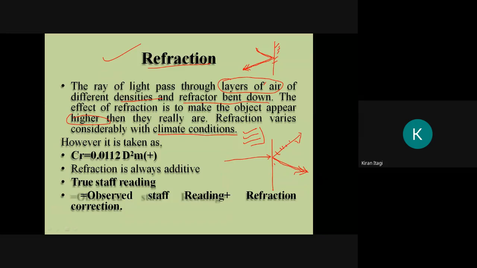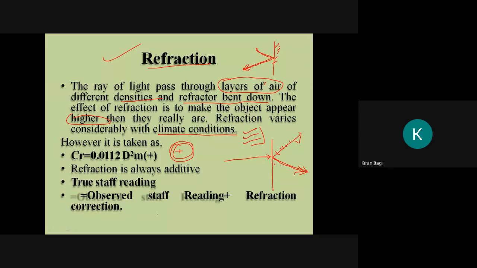So how is it corrected? It is always additive. The correction for refraction is CR equals 0.0112 d square, and we should add it to the staff reading. Refraction is always additive.